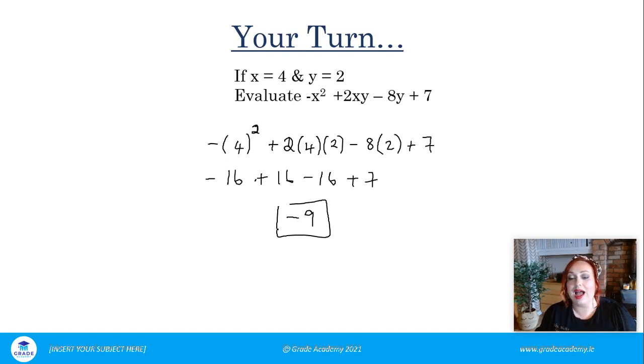Okay, and every other evaluating an expression question you do is pretty much going to be the same thing. So it's very straightforward. Again, so you've got an example now with whole numbers and also fractions. So don't be afraid to use them. Okay, next thing.